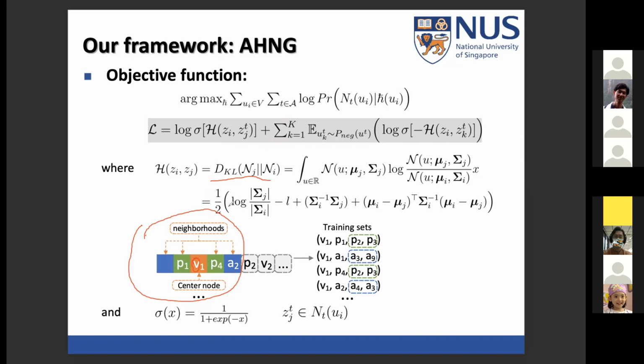And in this case, there's no node aggregation. So the overall function is just to minimize the distance between the neighbors, if I understand it correctly. Yes, I think you're right.